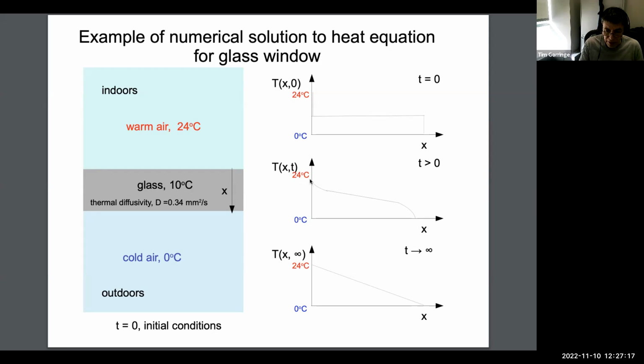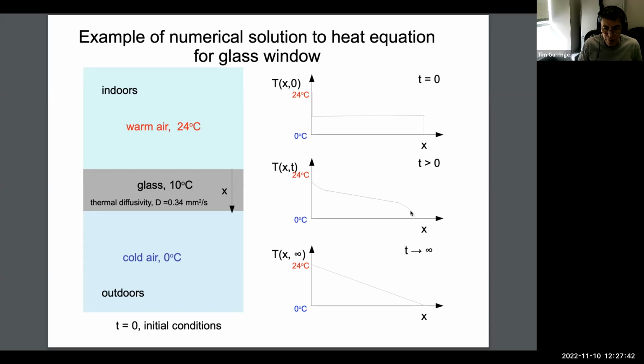And we'll start to see this sort of temperature profile. So here you see on the side that's on the indoors of the glass, its temperature has risen above 10 degrees Celsius. On the side that is on the outside of the house, the temperature there is decreasing as heat flows out.